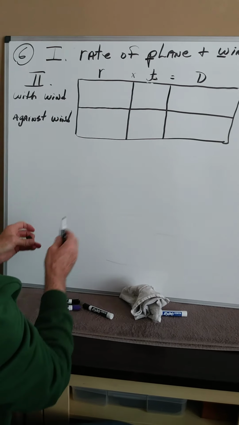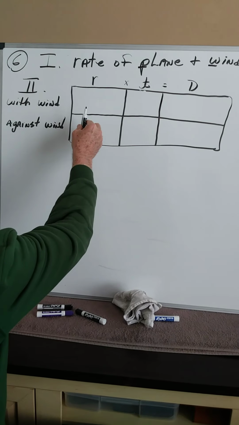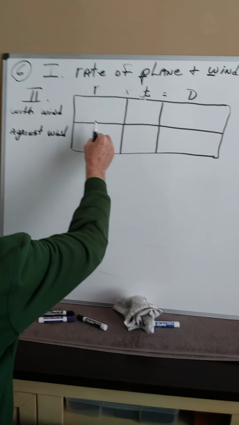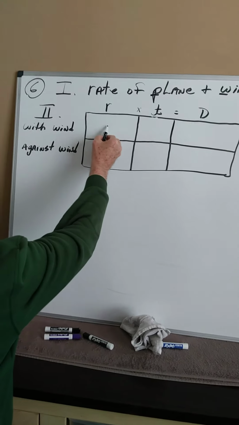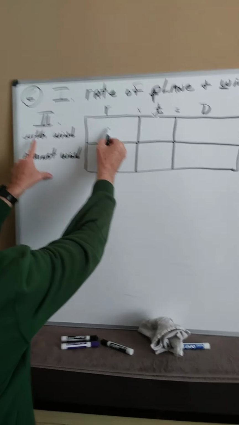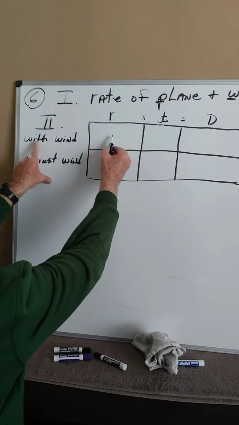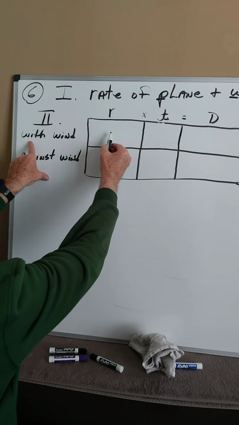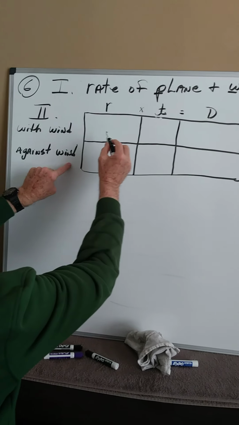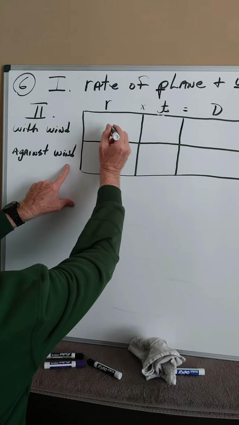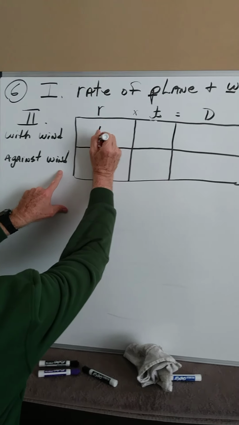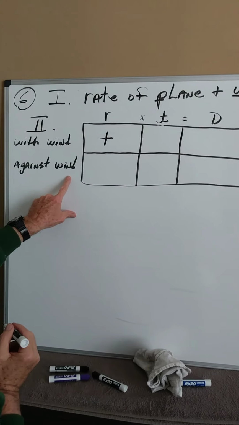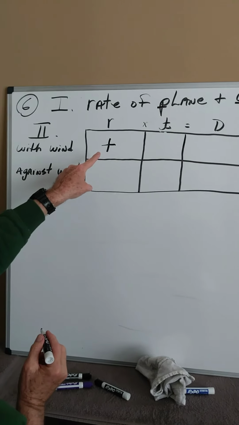This is going to be a key piece to this problem. In the rate column, come to the box under rate that is dealing with the wind. With, the wind is going to help it go faster, and faster is addition. I want you to put a plus sign right here. It'll go faster when it's traveling with the wind.